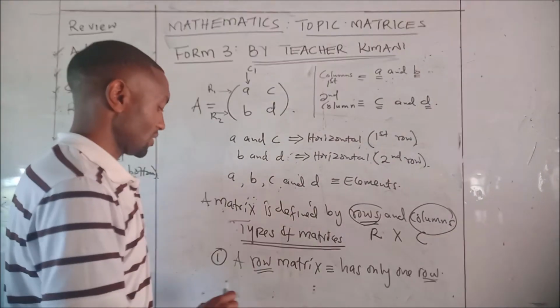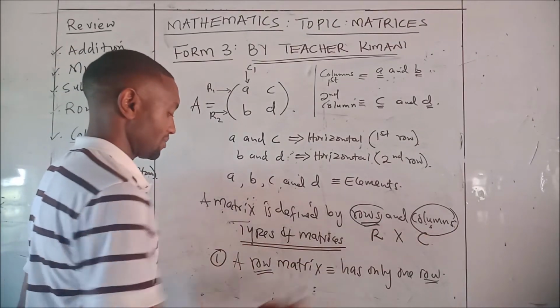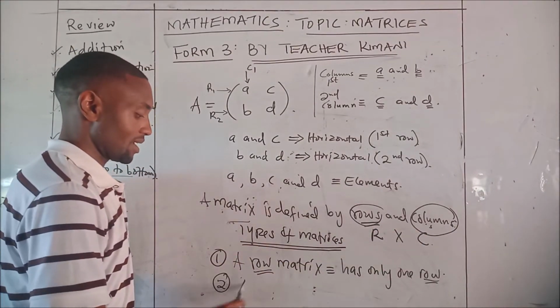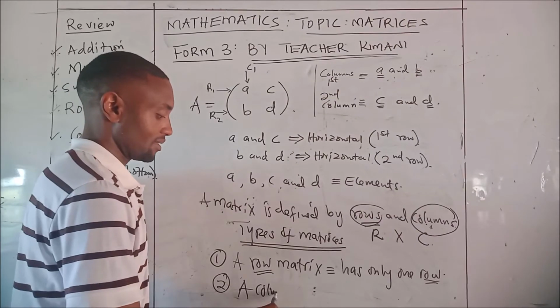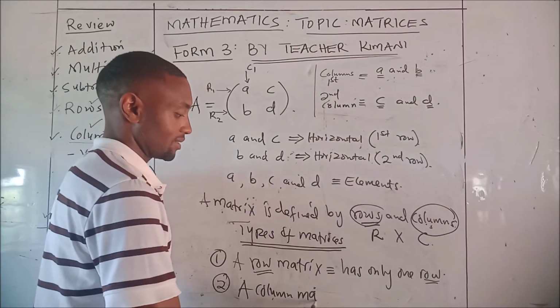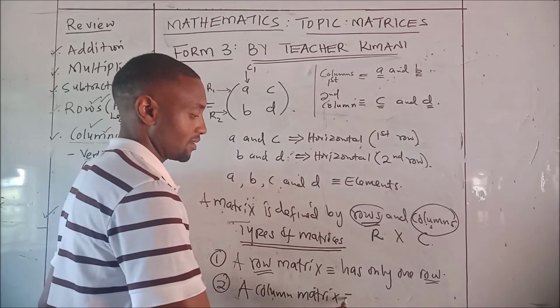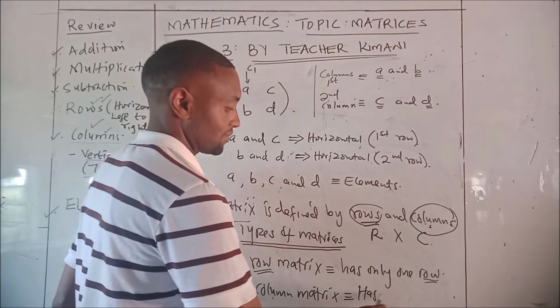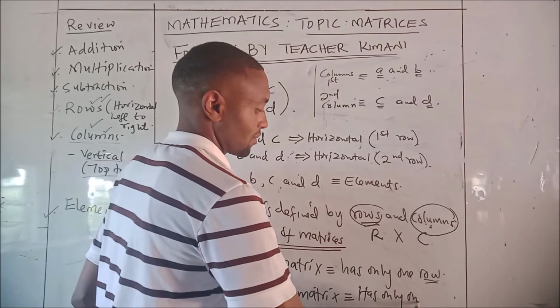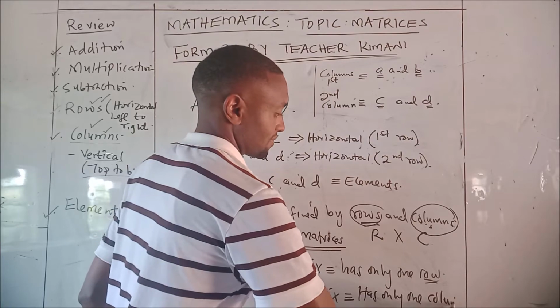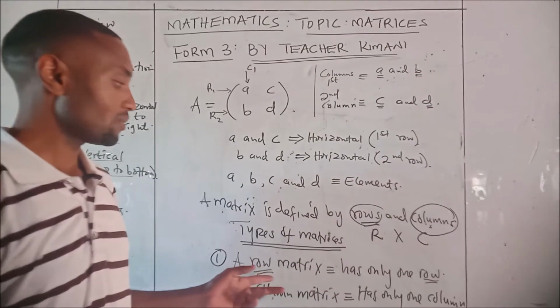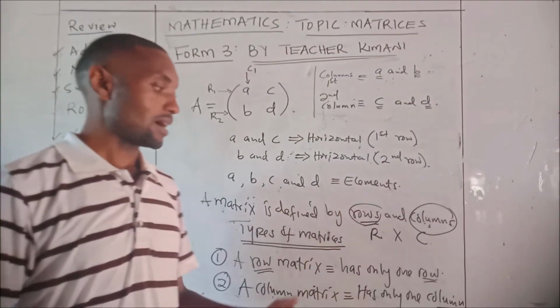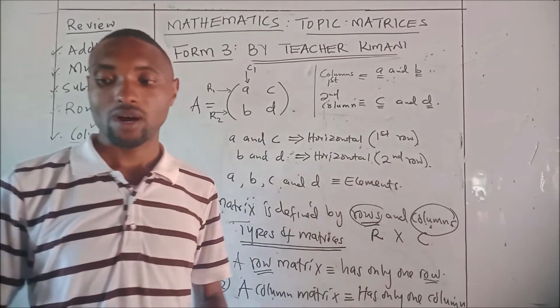We look at the column again, and that one will be a column matrix. It has only one column. So a row matrix has only one row. A column matrix has only one column.